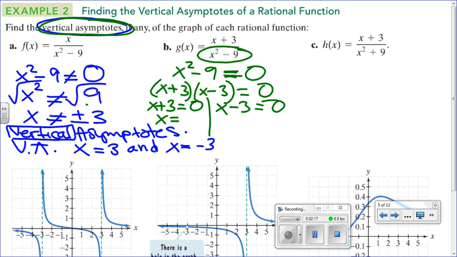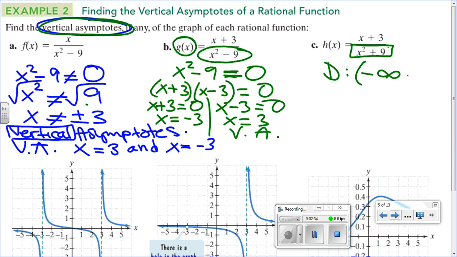Therefore x equals -3, and x equals +3. So those will be, again, the vertical asymptotes for that rational function. And the one that we have here, we already found that there were no exclusions in the domain. In fact, the domain happened to be all real numbers because there was no x value that could make that denominator equal to 0. Because of that, we have no vertical asymptotes.